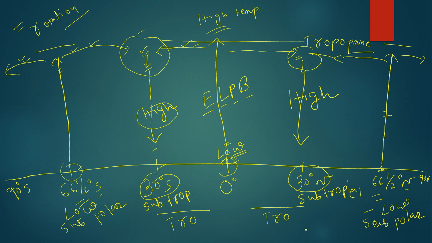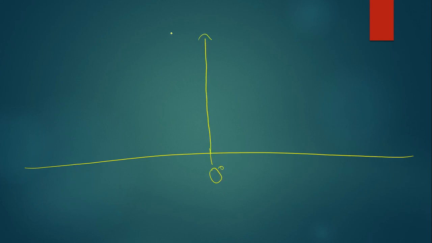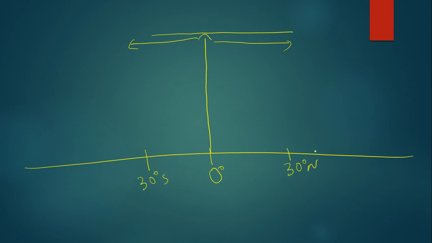Okay. If I draw the diagram once again, this is the cross section. This is 0 degree. The air is moving in the upward direction. It is being obstructed by the tropopause, bifurcating into two directions. Here is the 30 degree south and here is the 30 degree north.